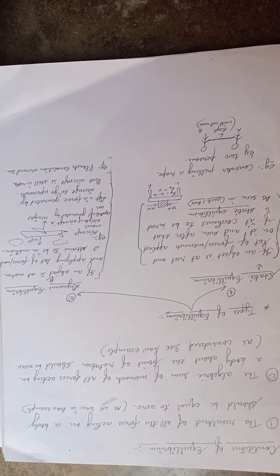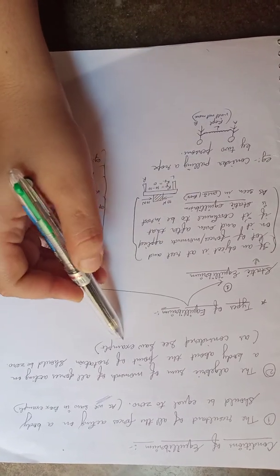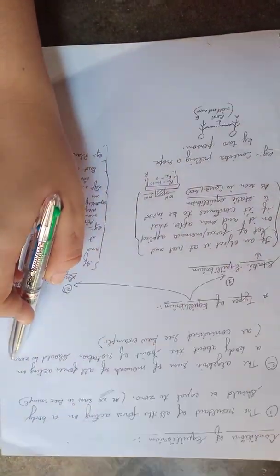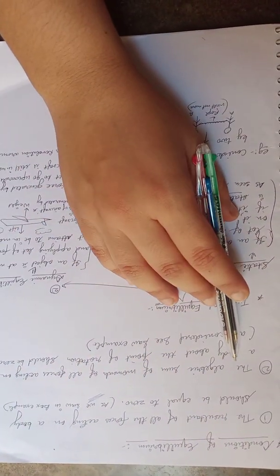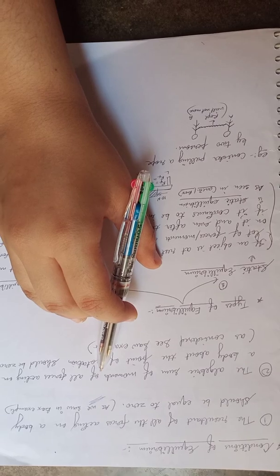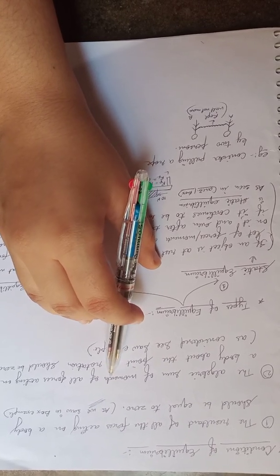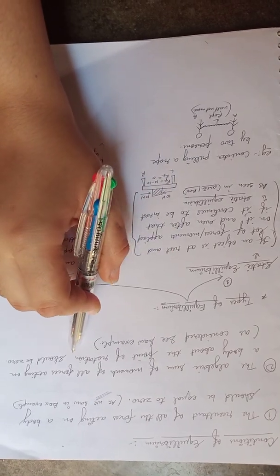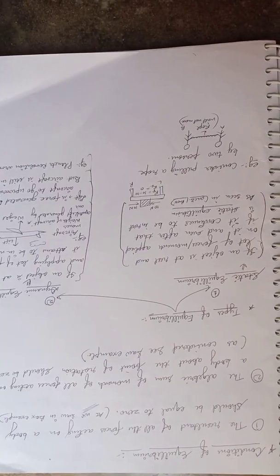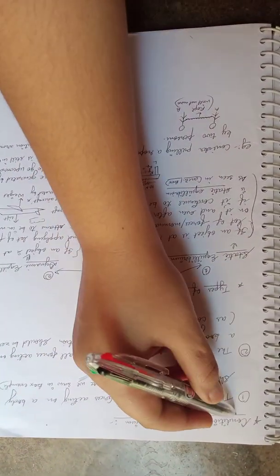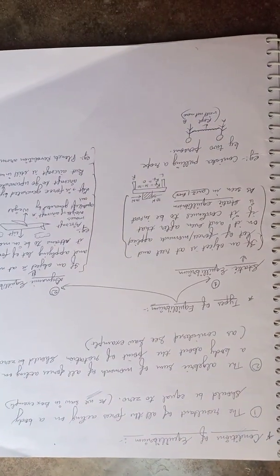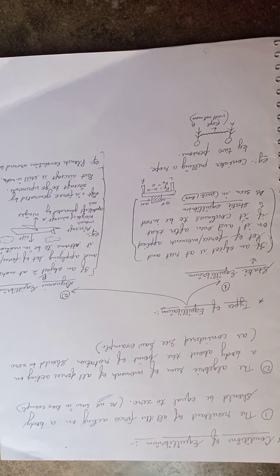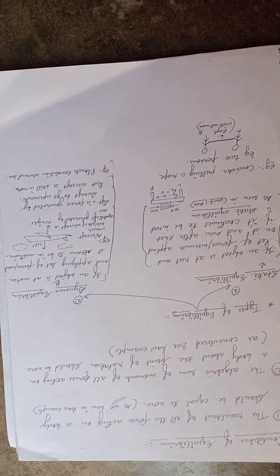Second, we have observed by considering the seesaw example that the algebraic sum of moments of all the forces, do read it again, the algebraic sum of moments of all the forces acting on a body about the point of rotation should be 0. Hope it is clear to you now. It is generally asked, what is a condition of equilibrium, to write in the paper. So do remember that.